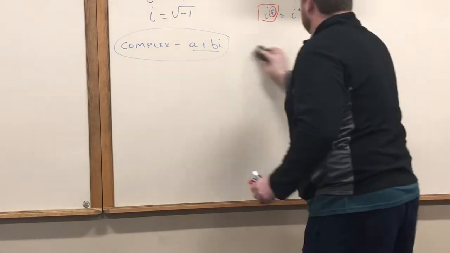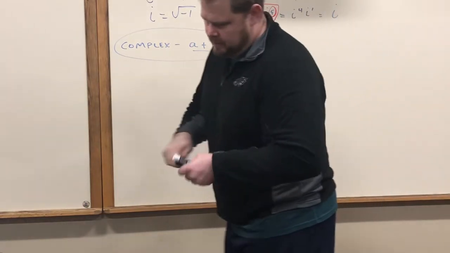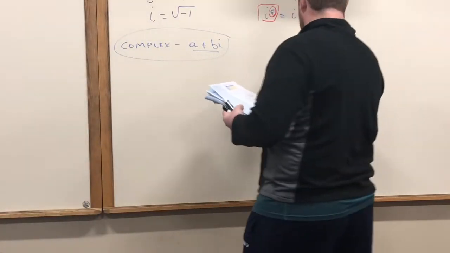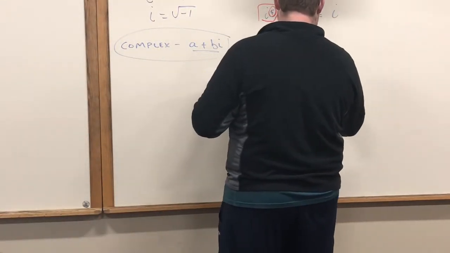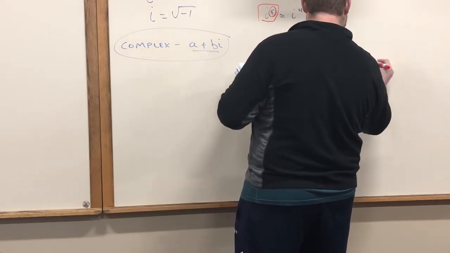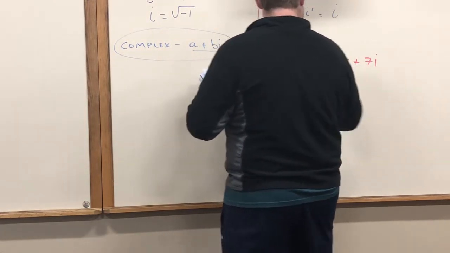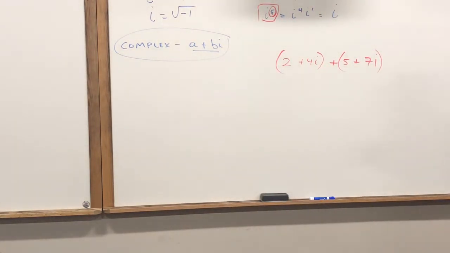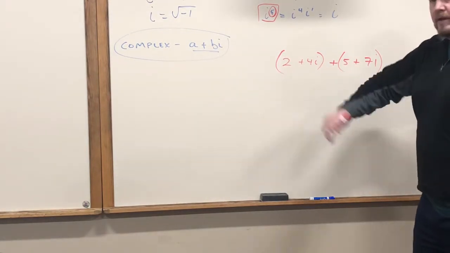All right. So one of the examples they will give you is one that looks like this: 2 plus 4i plus 5 plus 7i. Now, what do we need to do in order to combine these and get them simplified? Well, we can rearrange them.